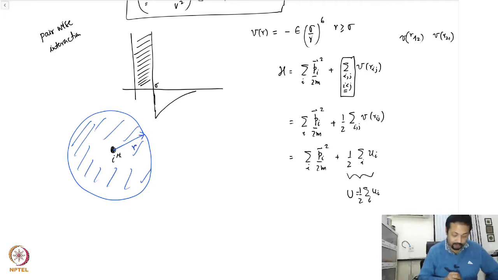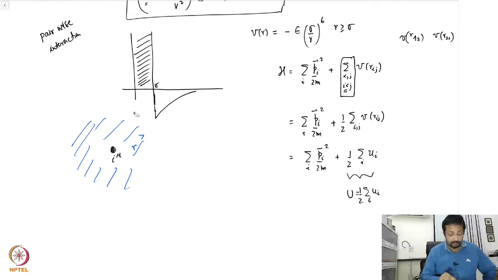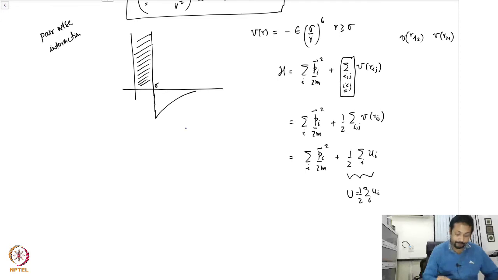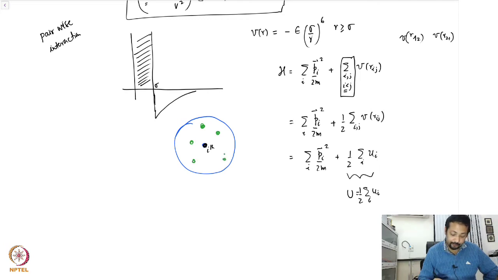Maybe one needs to draw a circle first, and at the center of this I have the ith particle, and there are particles inside this with which this ith particle is interacting.